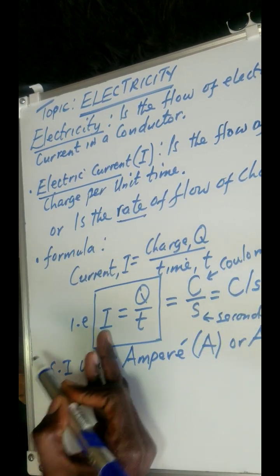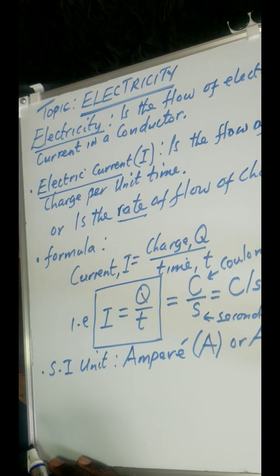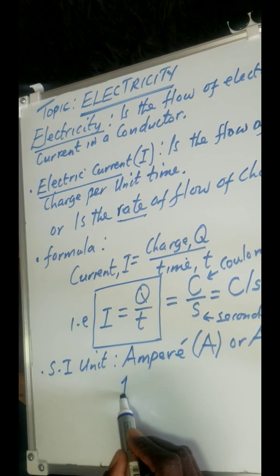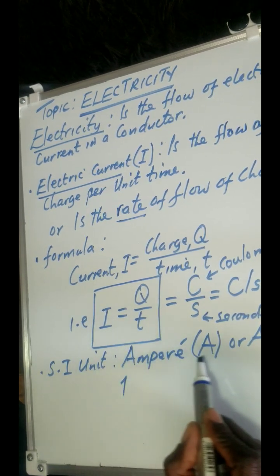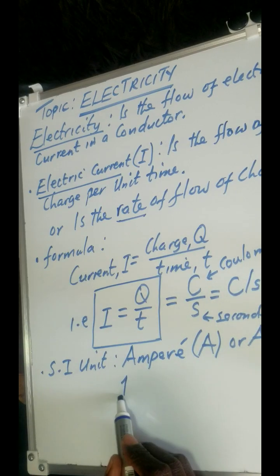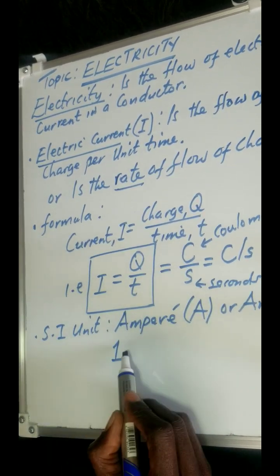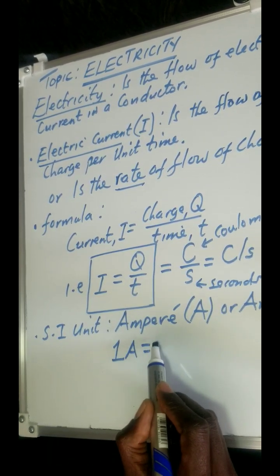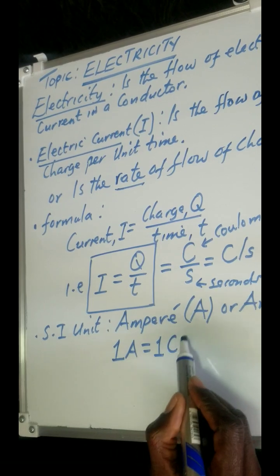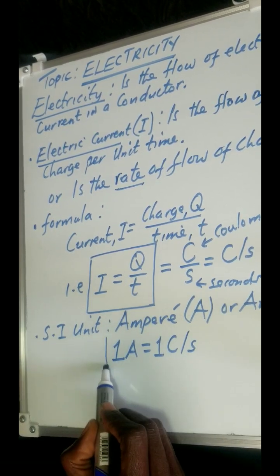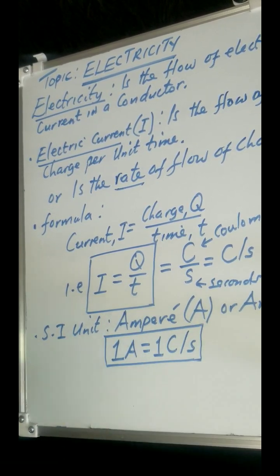That's another unit for electric current. Therefore, what is the relationship between ampere and coulomb per second? Well, the relationship is simple. 1 ampere is equal to 1 coulomb per second. So that is the relationship that exists.